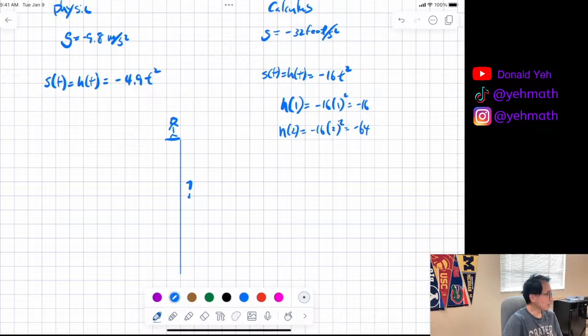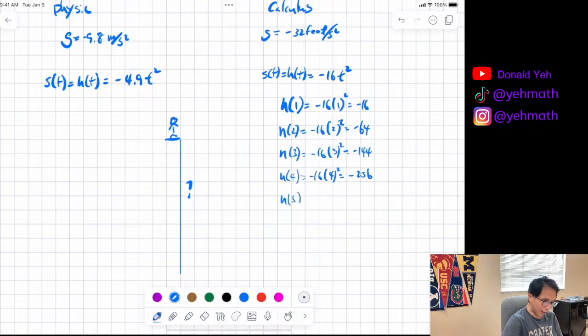You thought it was going to drop 32 feet, but it's not linear, it's quadratic. In 3 seconds, it's going to drop 9 times 16, so 144 feet. In h of 4, it's negative 16 times 4 squared, which equals negative 256 feet.